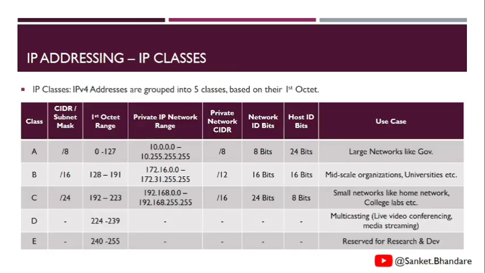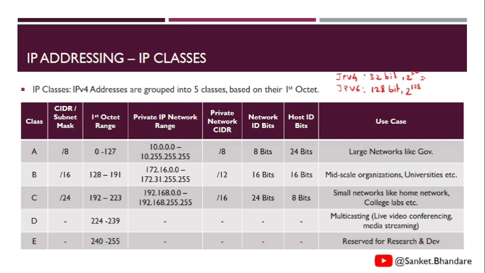Next topic is IP classes. In IP addressing, we have two versions of IP addresses: IP version 4 and IP version 6. IP version 4 is 32-bit in size and IP version 6 is 128-bit in size. The number of IP addresses available in IP version 4 is 2 raised to 32, and in IPv6 it is 2 raised to 128.